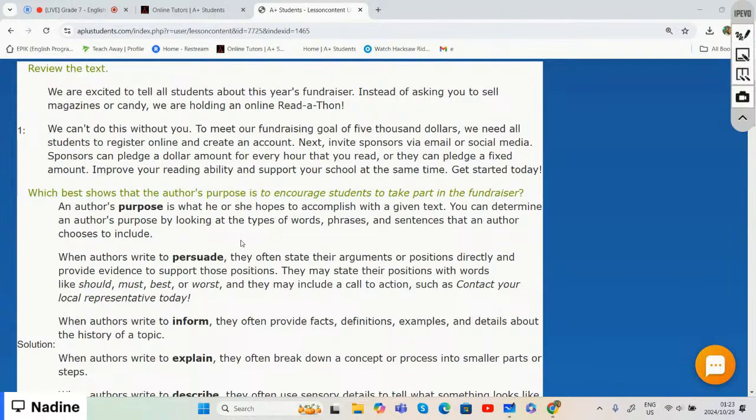To meet our fundraising goal of $5,000, we need all students to register online and create an account. Next, invite sponsors via email or social media. Sponsors can pledge a dollar amount for every hour that you read, or they can pledge a fixed amount. Improve your reading ability and support your school at the same time. Get started today.